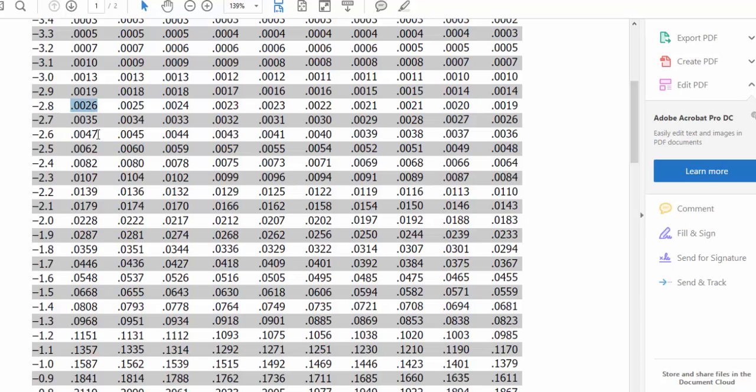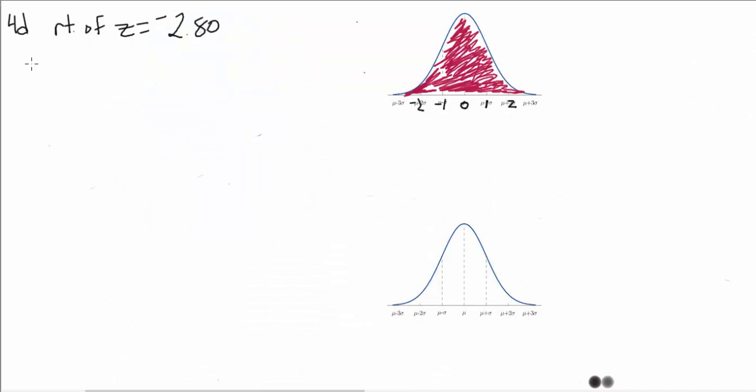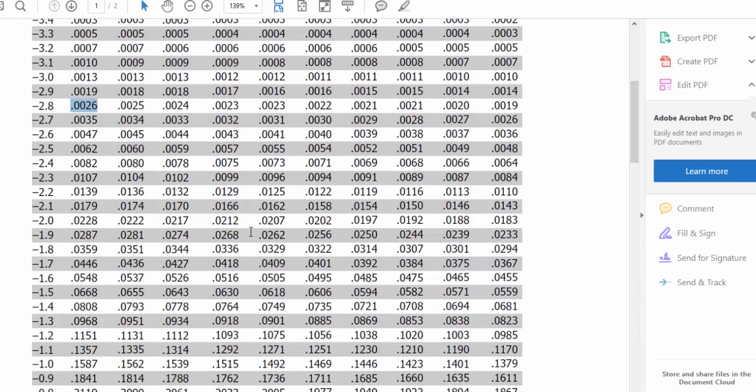The percentage to the left, because that's what this table is giving me, of negative 2.80 is 0.0026. The area to the left of z equals negative 2.8 was 0.0026, just pulled up from here.